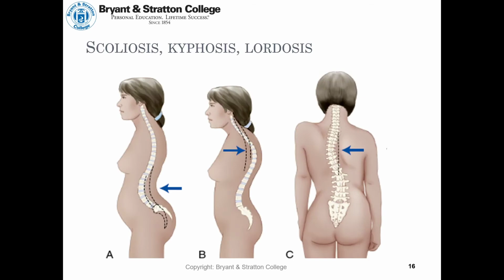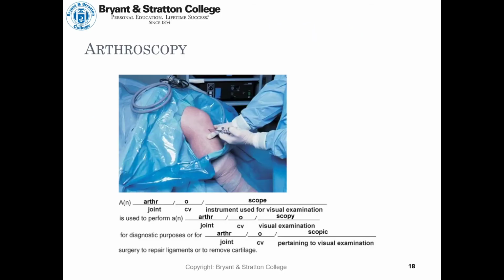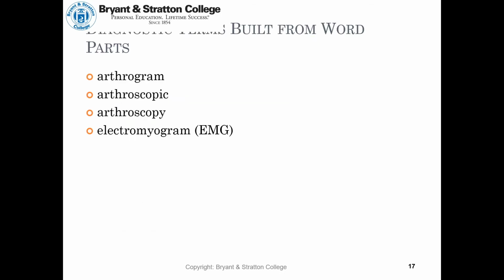So again, I've described previously kyphosis, lordosis, and scoliosis. But what you see with A, typically seen in pregnancy, A is going to be lordosis, B is going to be kyphosis, and C is a scoliosis.